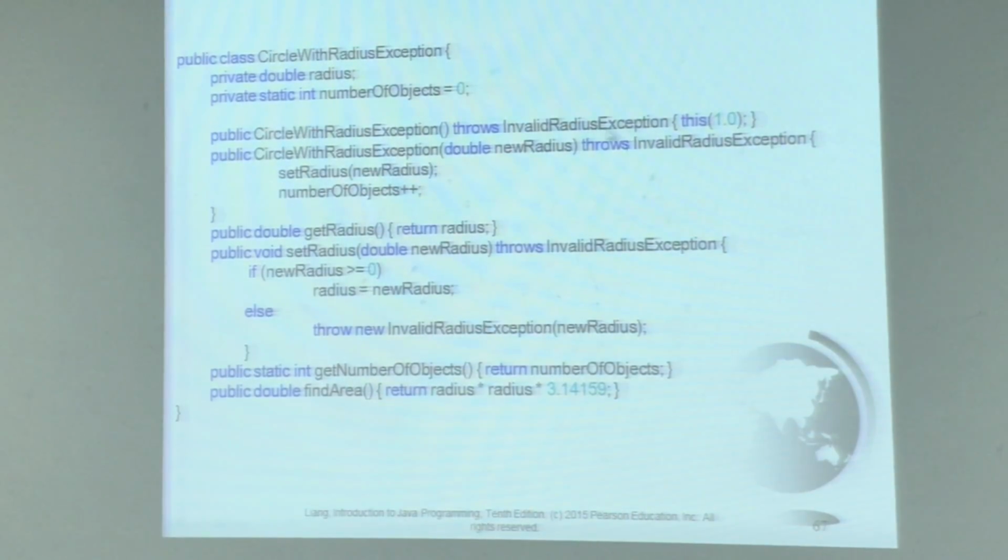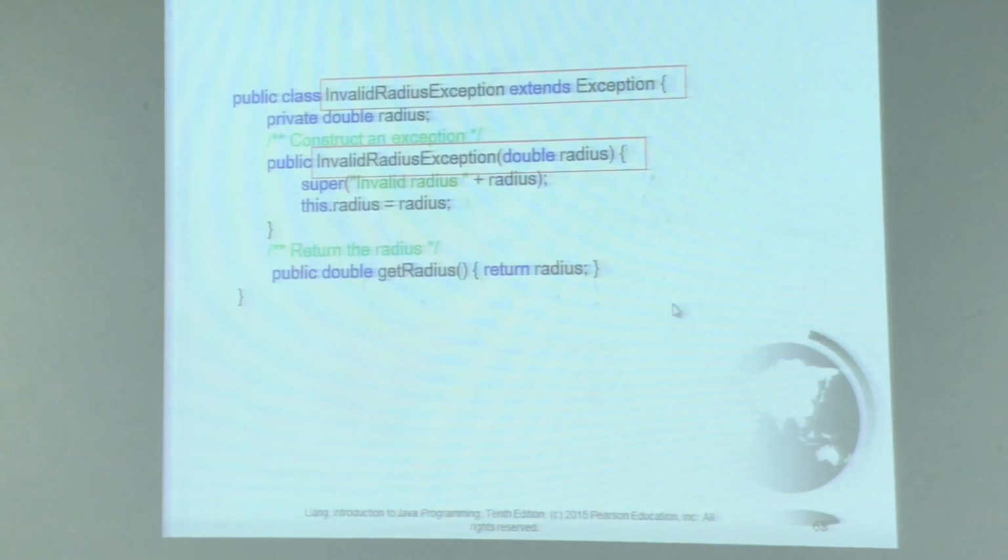There is no exception class with this name. You understand the point? So this exception class, you will create it because you consider, for example, any negative value for the radius as an exception. But which type of exception? Not illegal argument, but this type, InvalidRadiusException. So how will I do that? Very simple. Let's see this.